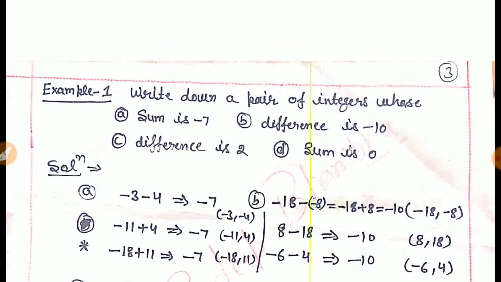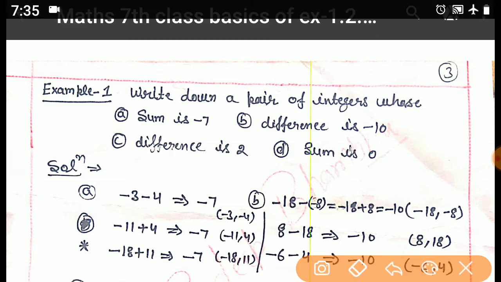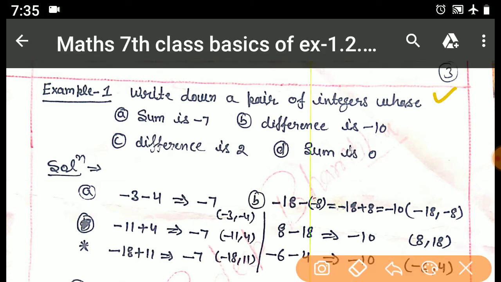Okay, then next one is example first. This is very important for us and the whole exercise is based on this example, so try to understand it deeply. Okay, very first, write down a pair of integers whose sum is minus 7. Now we have to write those numbers whose sum is minus 7. Okay, understood?